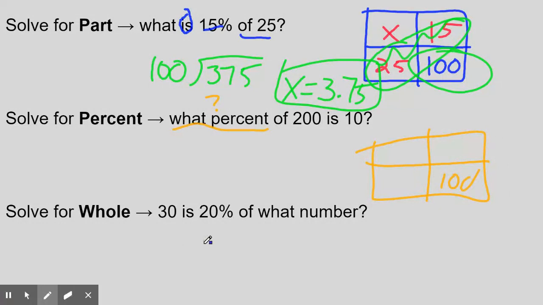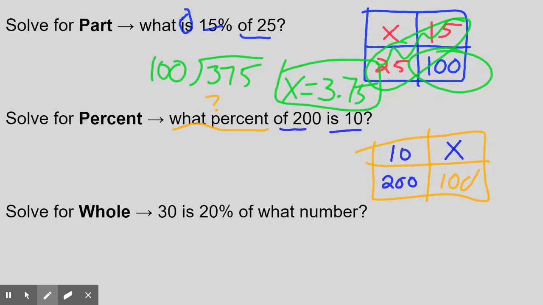Since it's asking what percent, that is our unknown, so the x is going to go above the 100. Then it says of 200. That of 200 tells us that's the total amount, the whole, so that's going to go in the bottom left. Is 10. Well, that's going to be our part. And that's how we set that up.